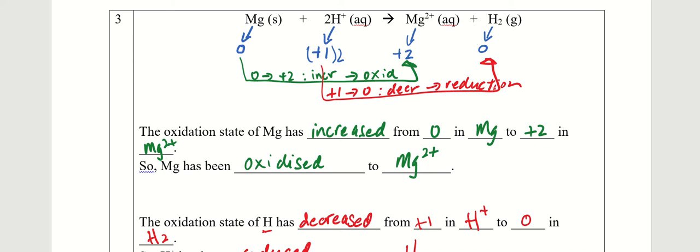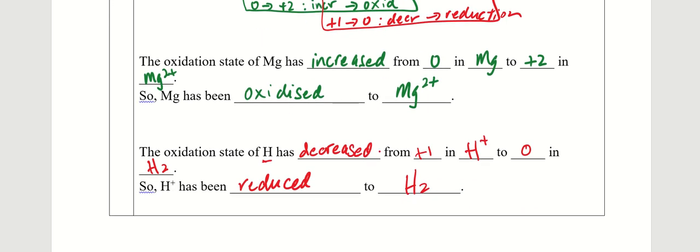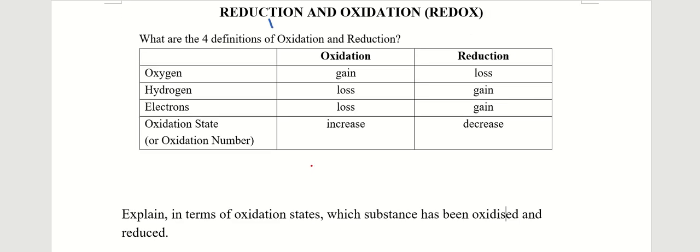And we remember that when the oxidation state has increased, we say that it has been oxidized. When an oxidation state of a substance has decreased, we say that it has been reduced. Okay, so this is an example of redox in terms of oxidation states.